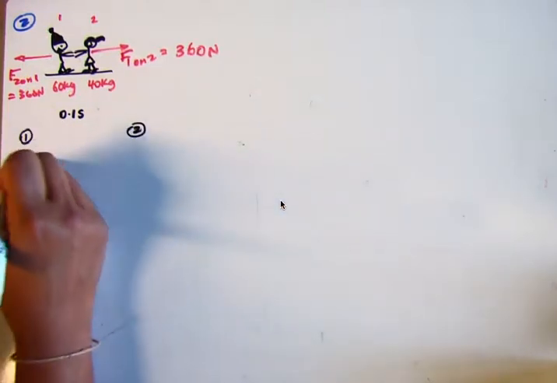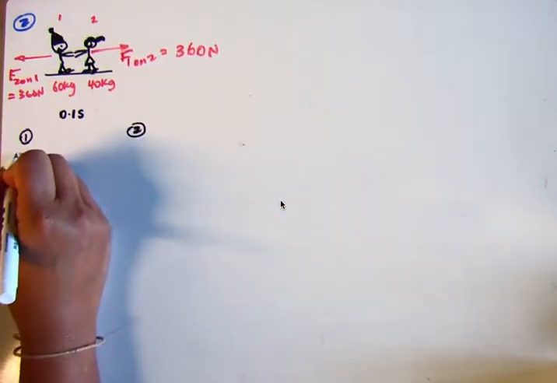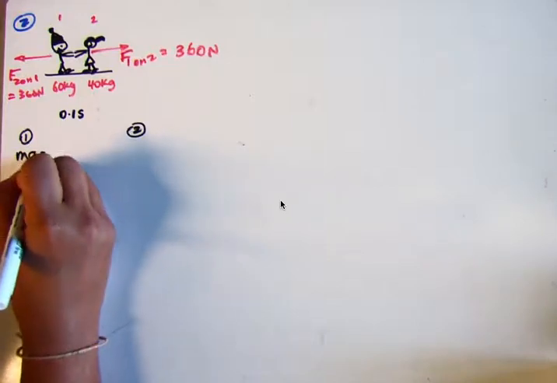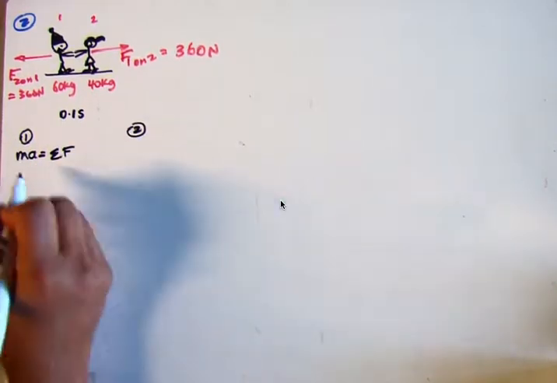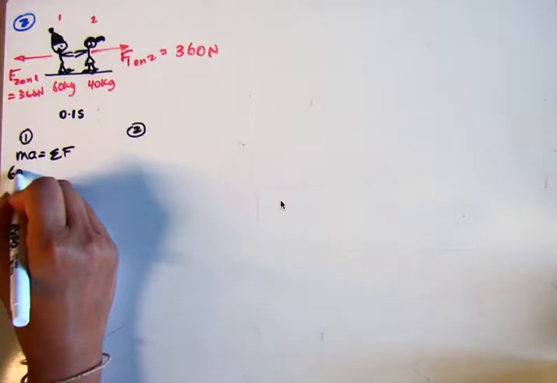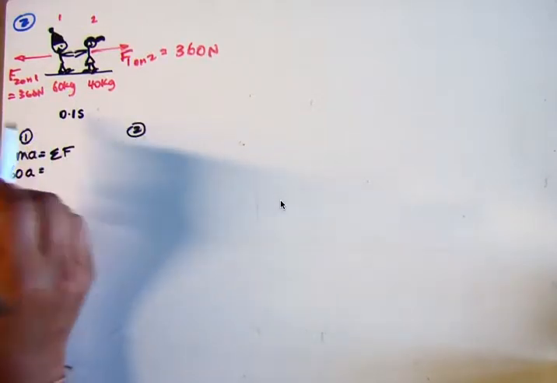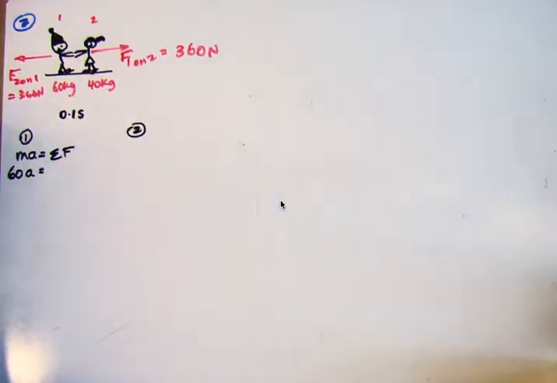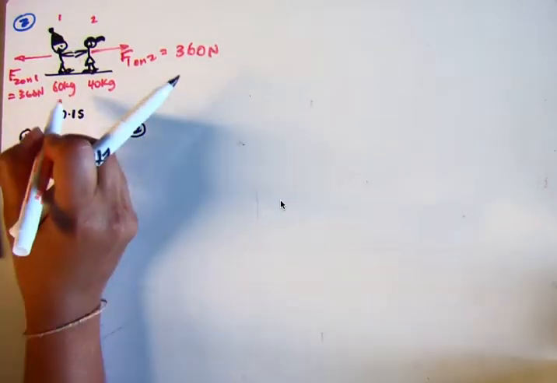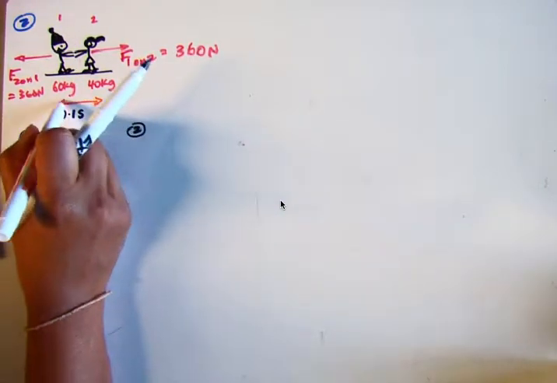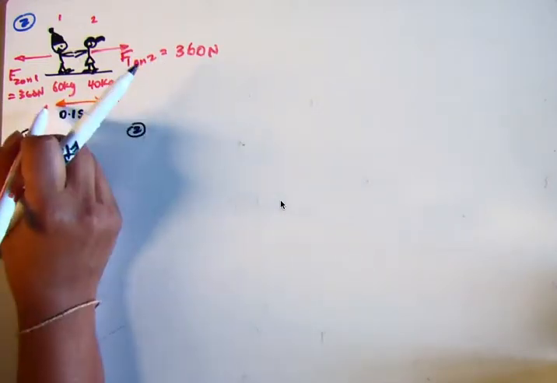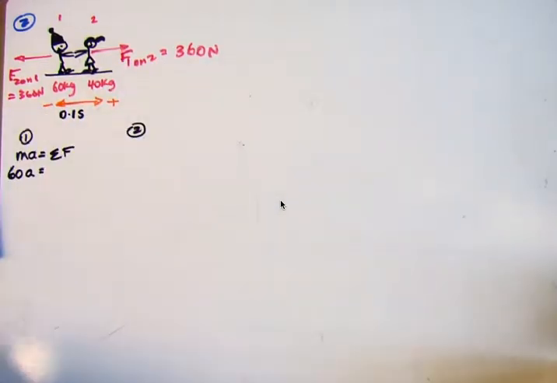So girl 1, we would say ma equals the sum of the forces. Her mass is 60. Now, if we are going to be consistent with a sign convention for this problem, we can do that by making this direction positive, this direction negative.